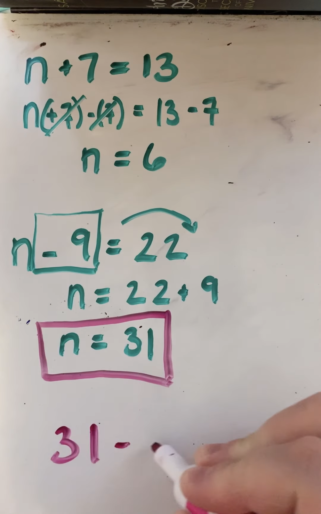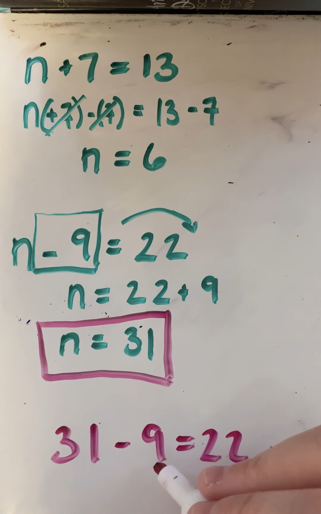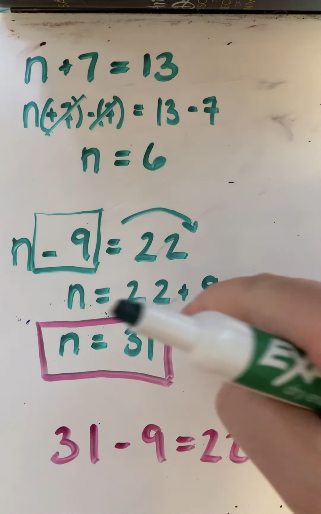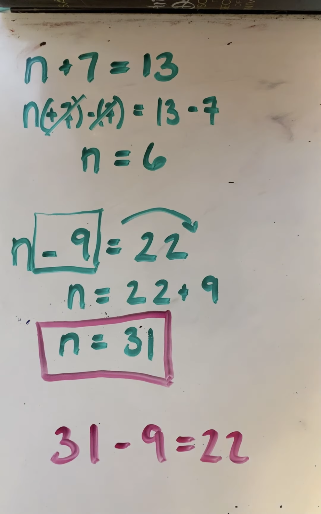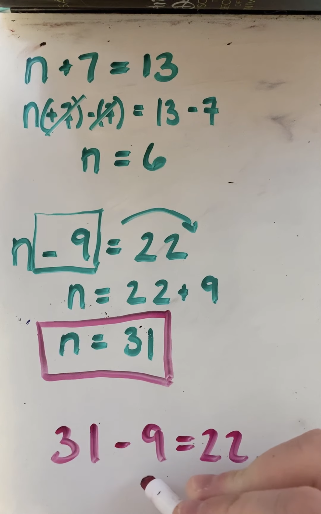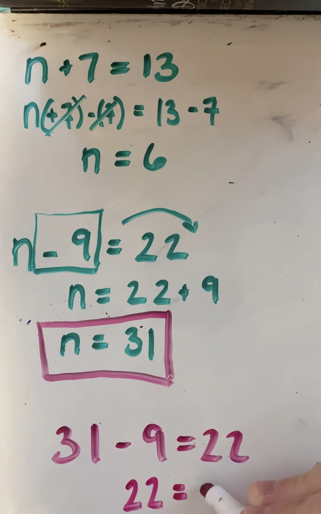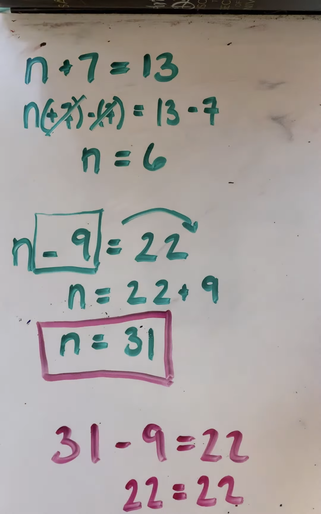So 31 minus 9 should equal 22. 31 minus 9 is 22, and 22 plus 9 equals 31. Okay, so you may have to show this. Now in one-step equations, it's much more simple.